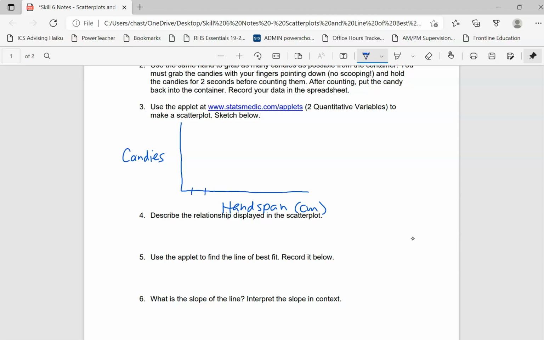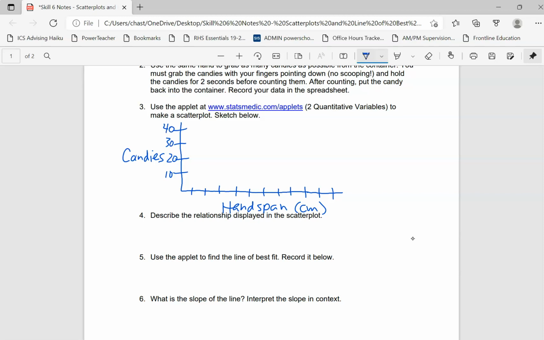So we'll go 15, 16, 17, 18, 19, 20, 21, 22, 23, 24, 25. We'll go from like 19 to 25. And then for candies, let's see, 10, 20, 30, and 40.